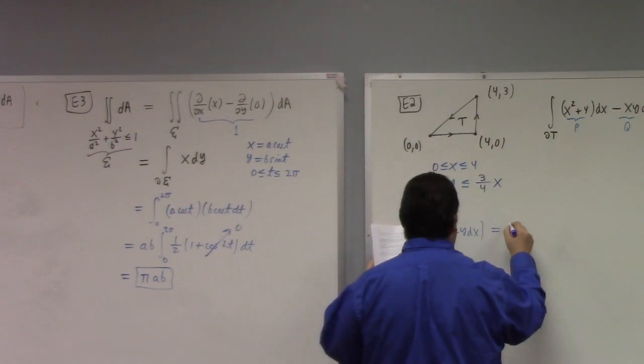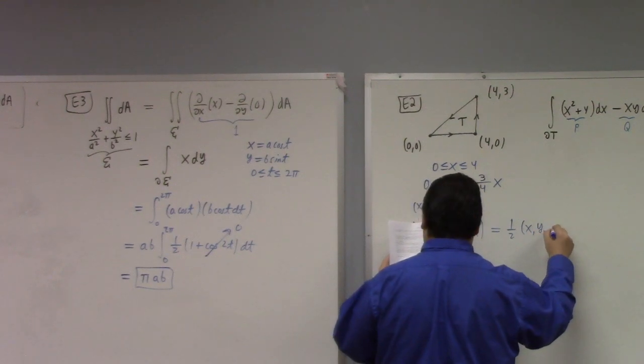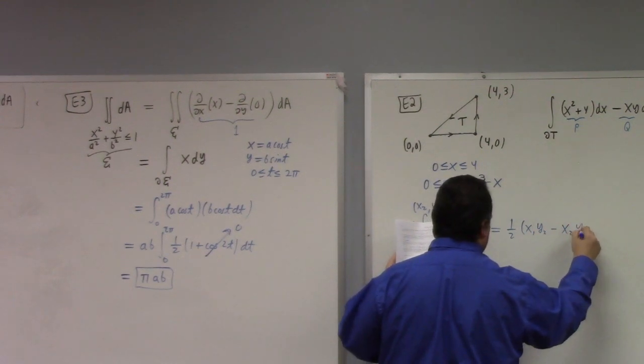Let me make sure I write the formula down right. This works out to 1/2 of x1 y2 minus x2 y1. All right.